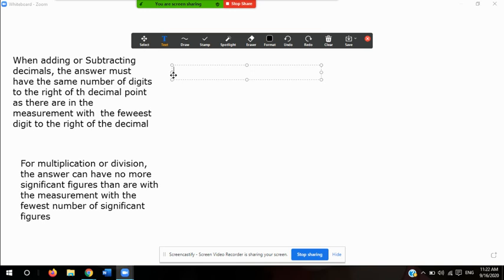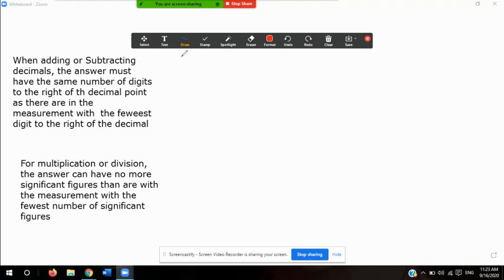So now let's just go into the examples. The examples are actually on page 48 of your textbook, and you have the sample problems. Sample problem E, to be exact. It says, carry out the following calculations, express each answer to the correct number of significant figures.